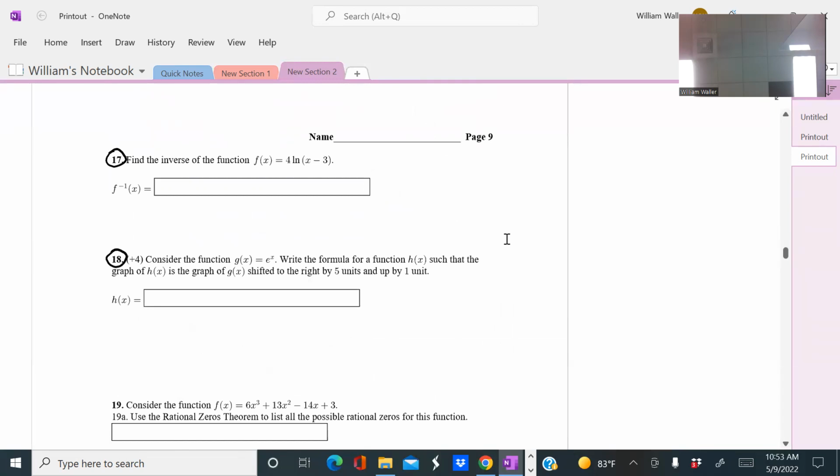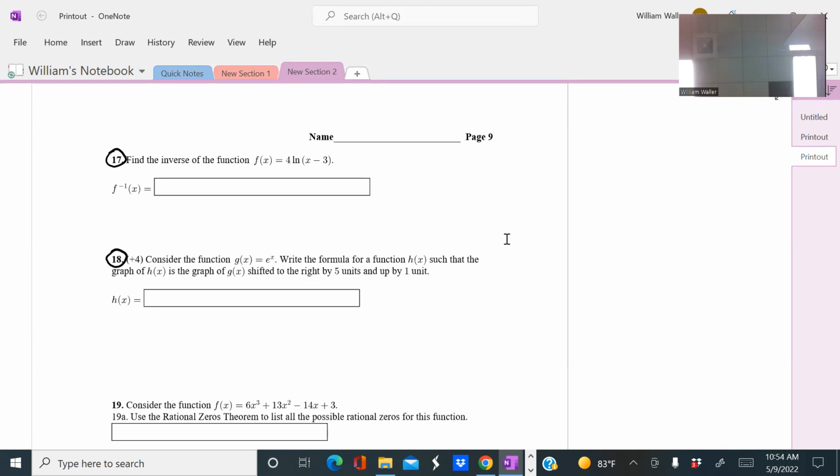Try this one now. Find the inverse of this function. This is kind of a logarithmic function, right? The function is 4 times the natural log of x minus 3. We just have to remind ourselves what's that general process for finding inverses.